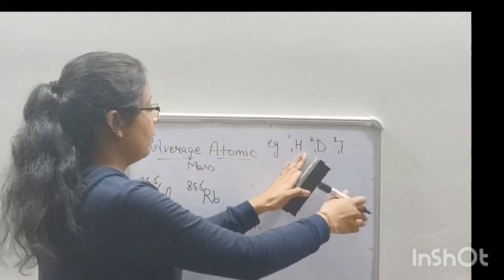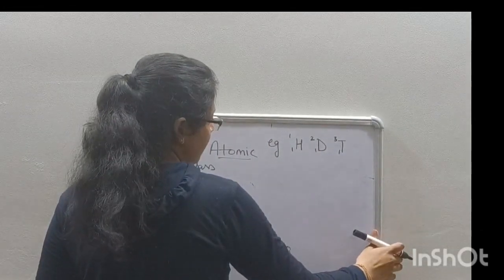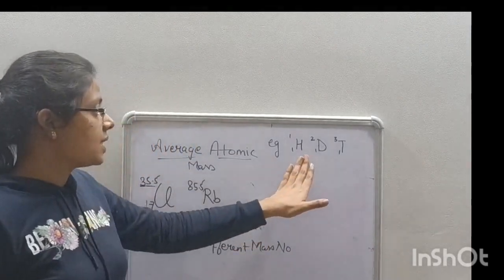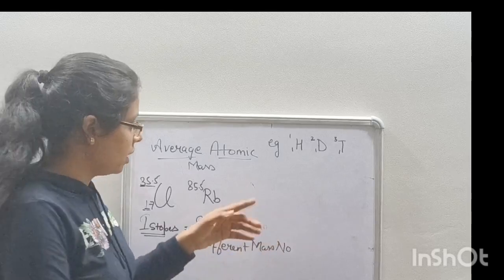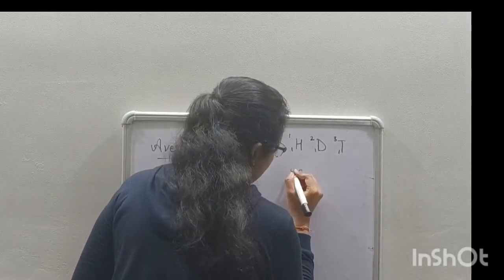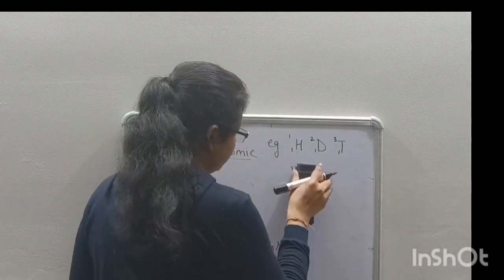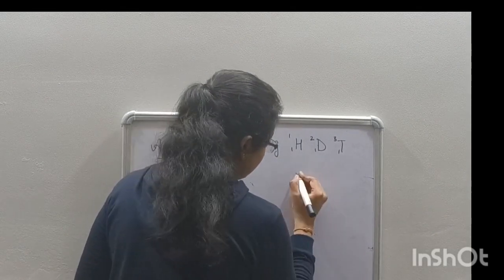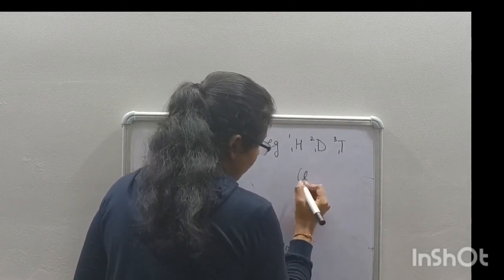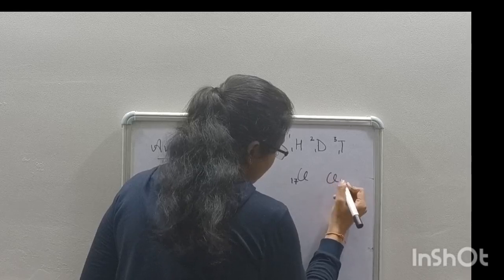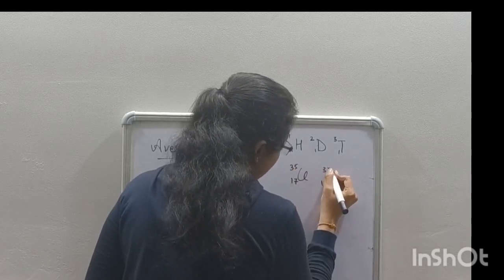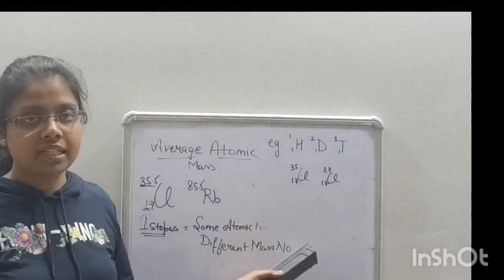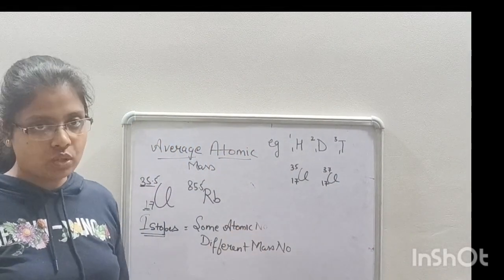So we can see that they all have the same atomic number, but they all have different mass numbers. Another example is chlorine, with atomic number 17, and mass numbers 35 and 37. So these are examples of isotopes.